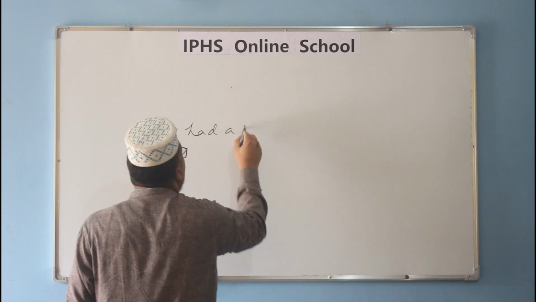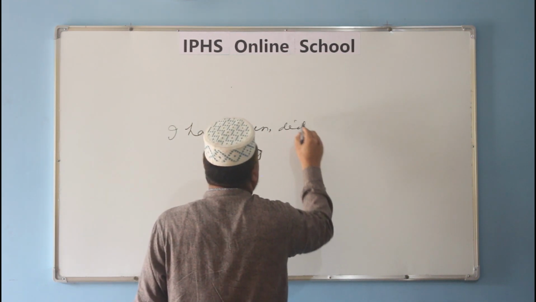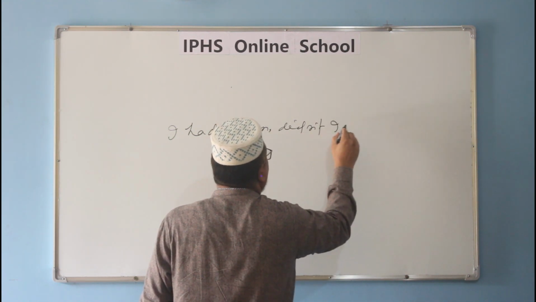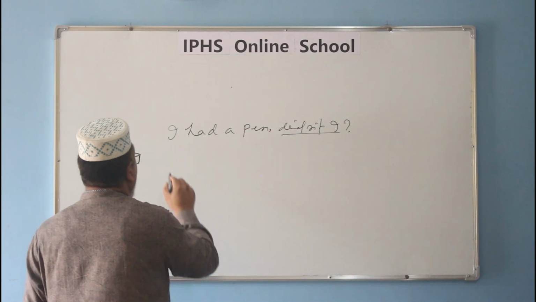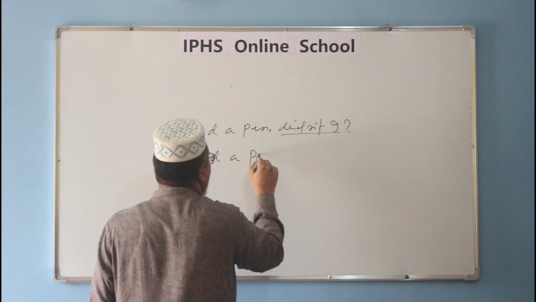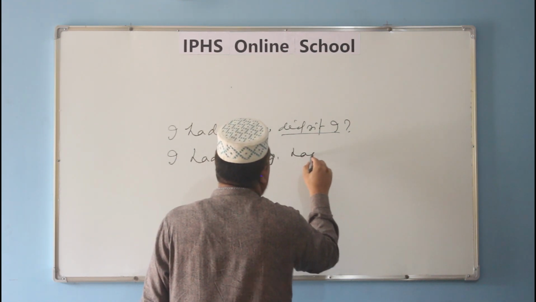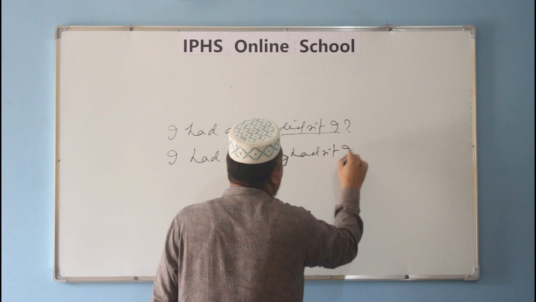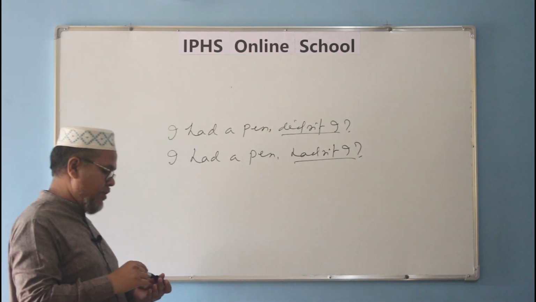I had a pen, didn't I? This is American style. I had a pen, hadn't I? This is British style.